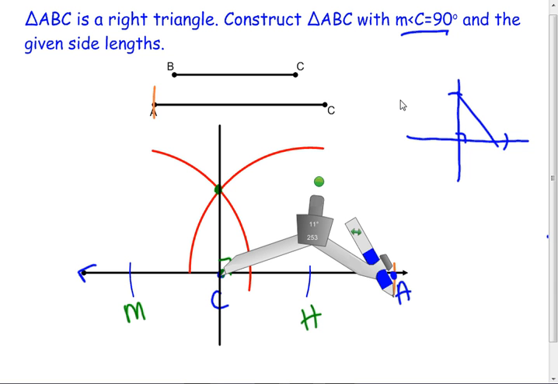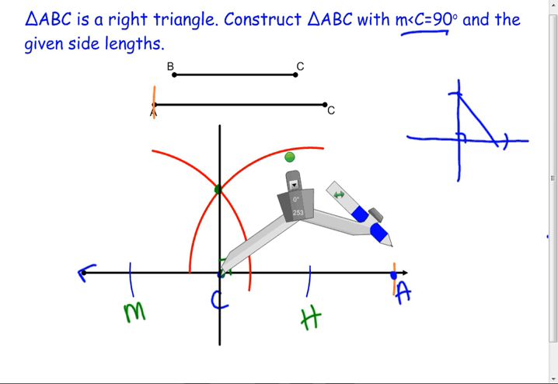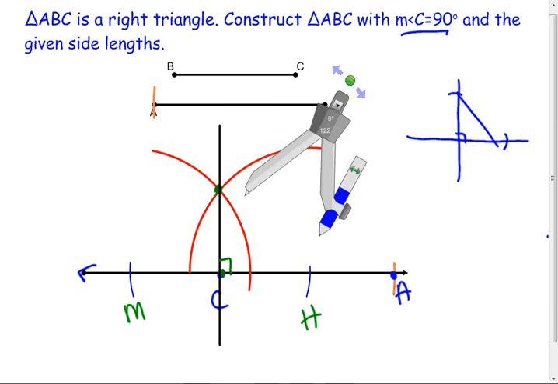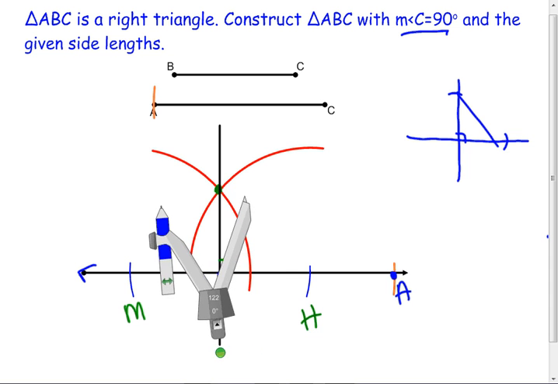And now I need B to C. So now I'm going to take this. I'm going to rotate mine upside down again because my smartboard won't work any other way.